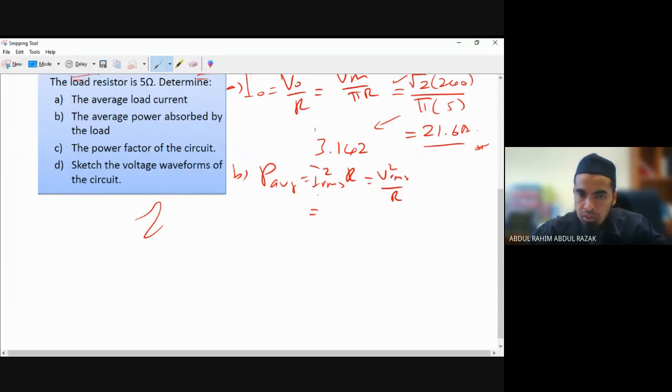So if you're taking this one, your IRMS is equal to VM divided by 2R. So your Vmax is 340 divided by pi, times 5.